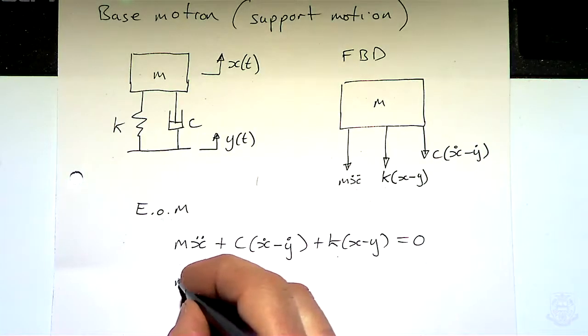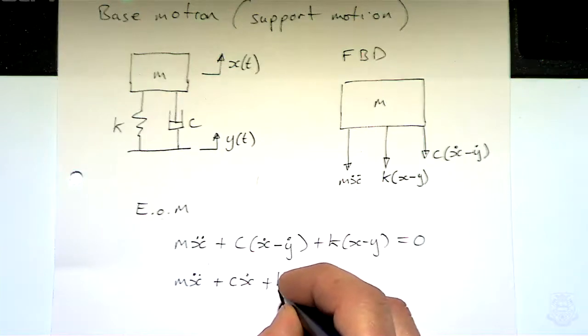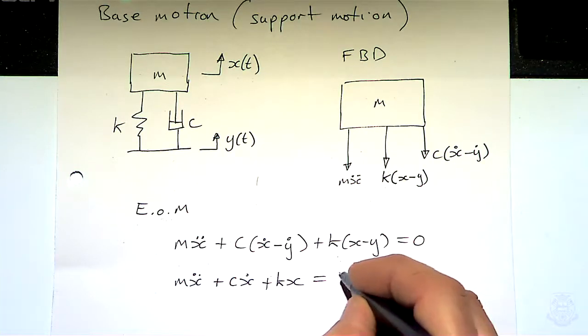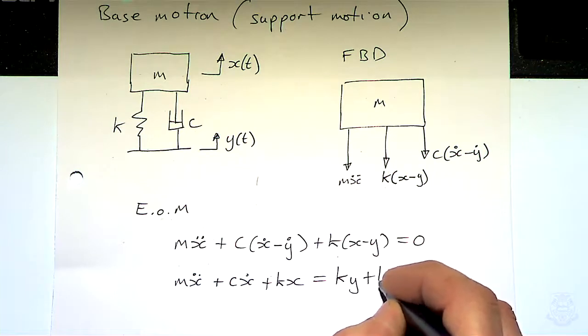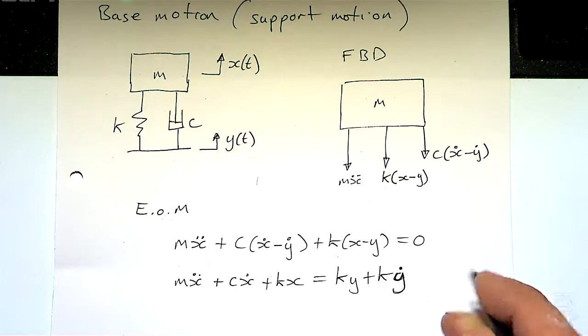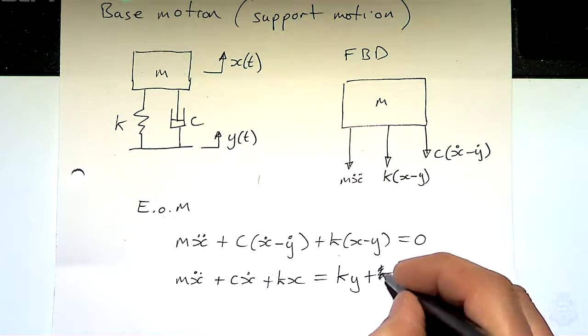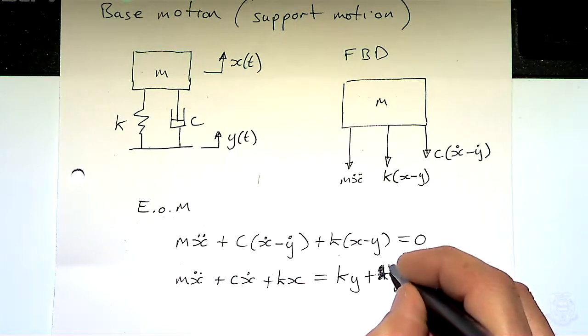Okay, so if we do that, what we get is m x double dot plus c x dot plus k x on the left-hand side, and we get k y plus c y dot on the right-hand side. Sorry, that should be c times y dot, shouldn't it?